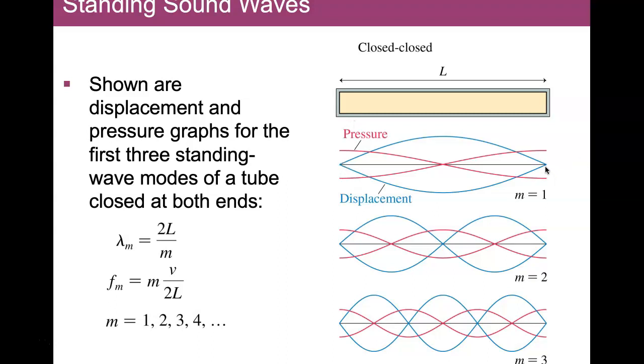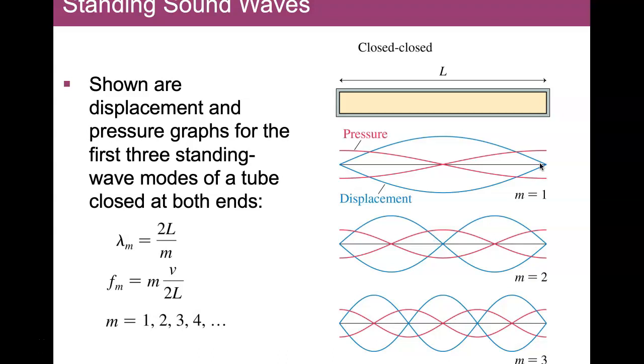Okay, so we talked about the closed case. Displacement looks like this. Nodes in displacement. And physically closed tubes correspond to free boundary conditions for pressure. So pressure has antinodes at the boundaries, and that's the m equal 1 mode. That's how it looks for displacement and pressure. m equal 2 looks like this, m equal 3 looks like that.